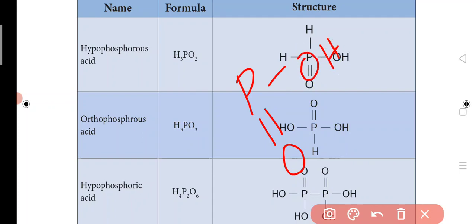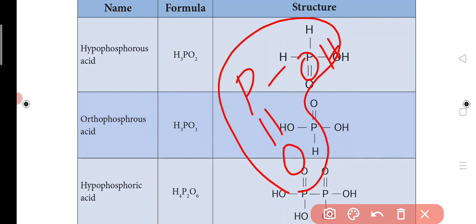The remaining you have to fill in from the molecular formula, so you have to be very thorough with the molecular formula, only then can you write the structure. Hypophosphorus means H3PO2, orthophosphorus means H3PO3. This P double bond OH unit will remain in all the structures.